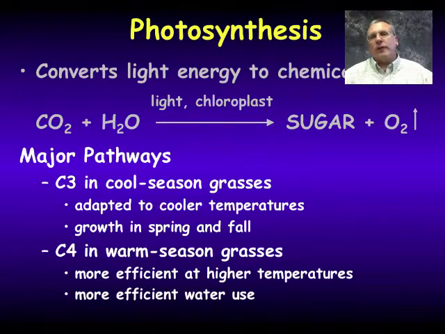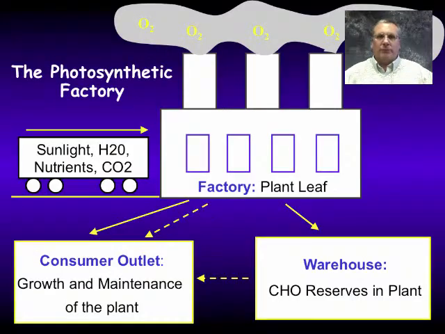So we'll produce about twice as much growth per unit of water used in the summer months in our warm season grasses compared with our cool season grasses. So as you can see, in the ideal grazing system, we'd want some cool season grasses and some warm season grasses so that we have growth during the spring and the fall and also during the summer months.